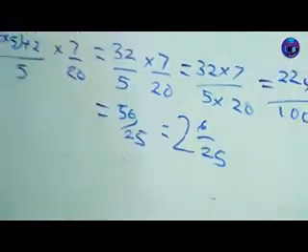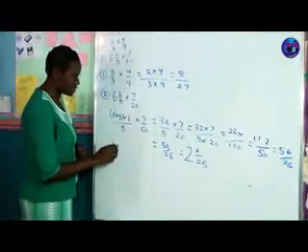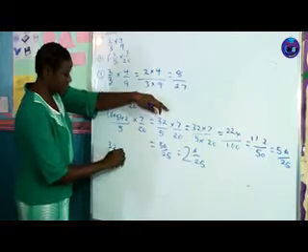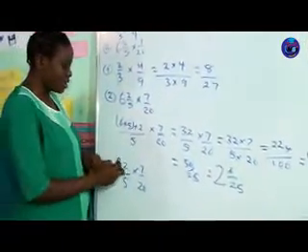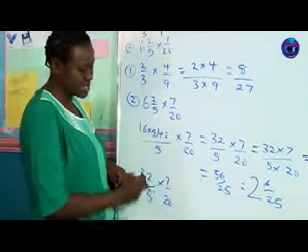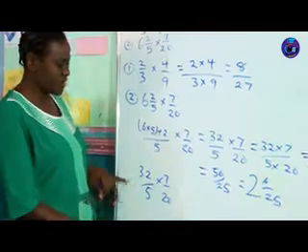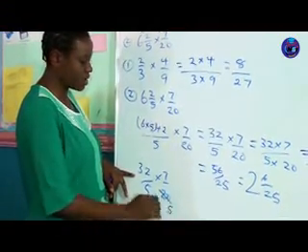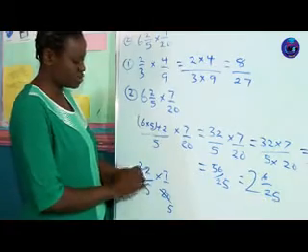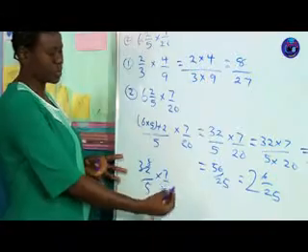In the other method, you could have some questions where you could just cross out directly. I had 32 over 5 times 7 over 20. So I could cross out directly. Look at 32 and 20. I could reduce this directly. What can I use to divide both numbers? 4 could divide. How many 4 in 20? 5. How many 4 in 32? 8. So there is no other number that could cross out.